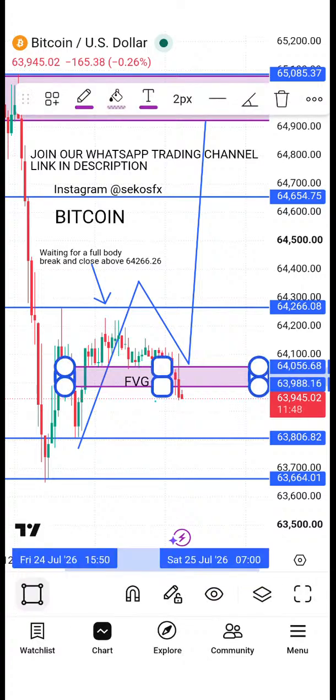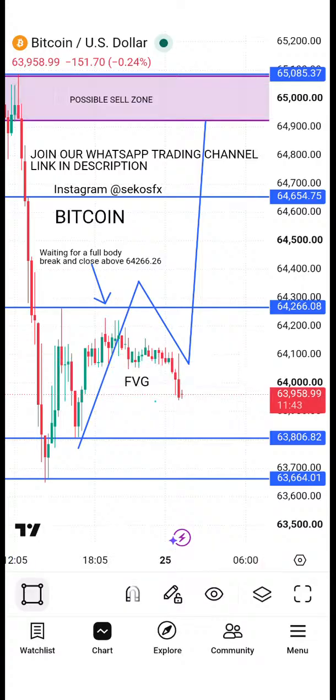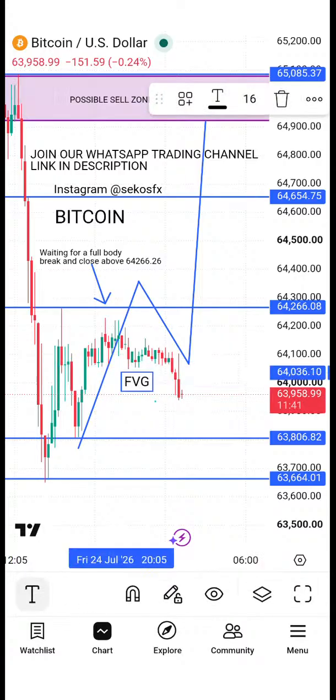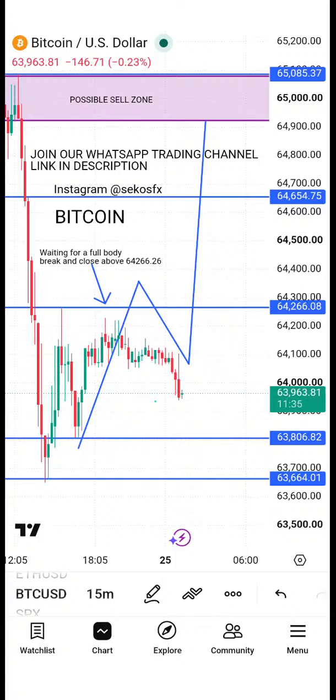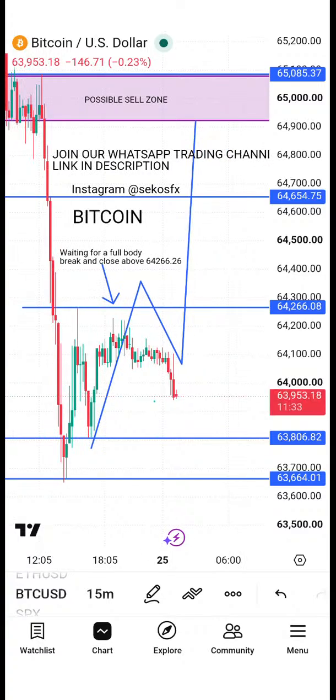There's FVG. I'm going to remove it, guys, because it was not respected. It's no longer an FVG, so it's no longer that important.